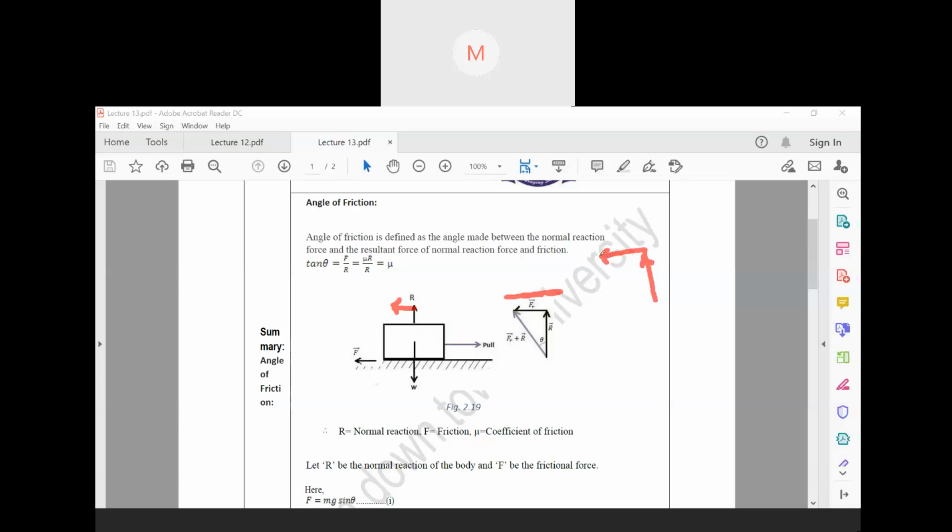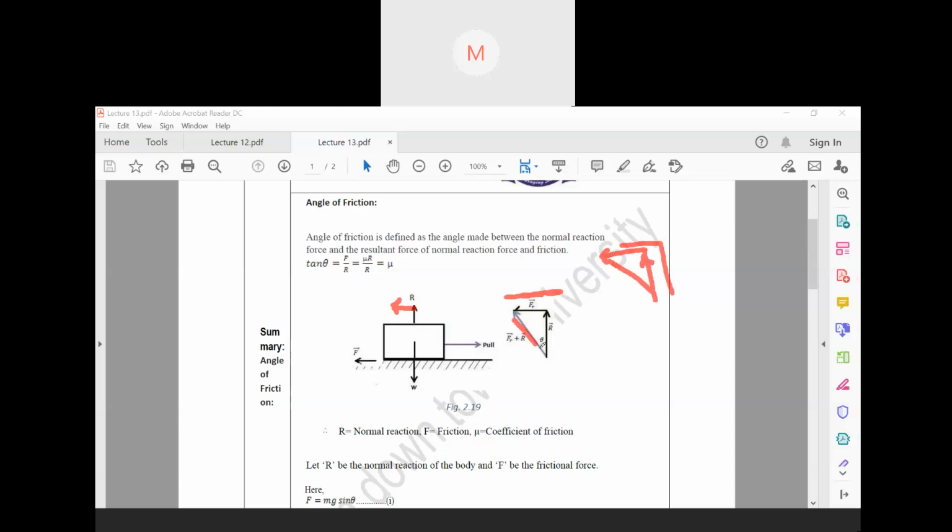If you combine these two from the triangular law, you get this resultant, the blue color one.